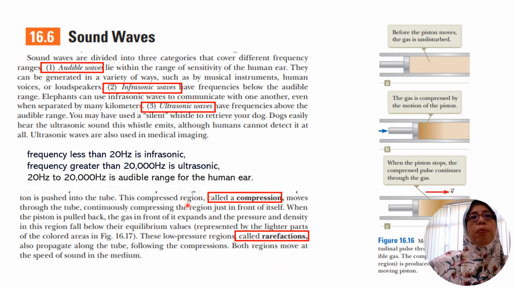So dia kata compressed region. When it compresses, you will find that compress means the air is now packed together. So the idea is compression. Kalau udara tu low pressure means that banyak ruang.